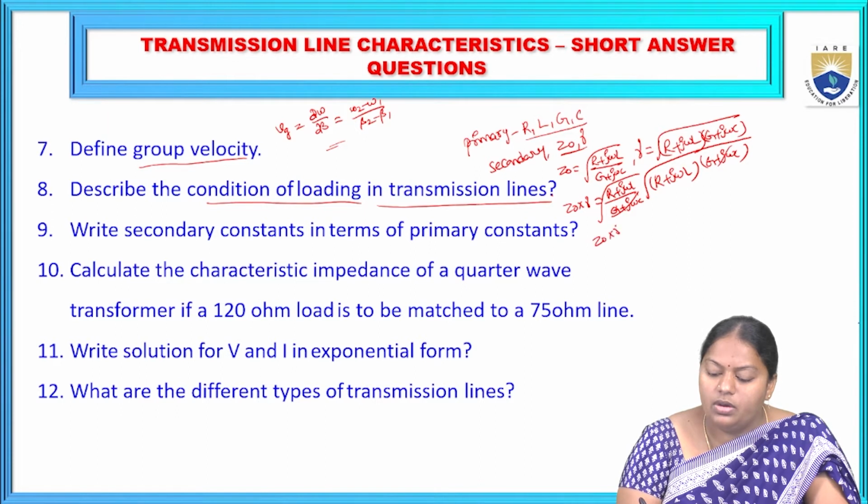Then Z0 into gamma equals R plus j omega L.